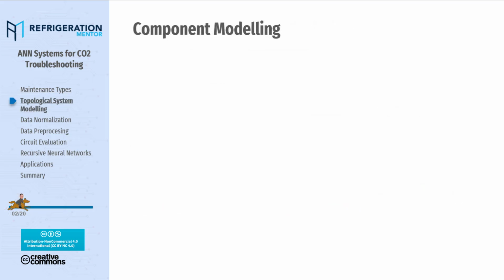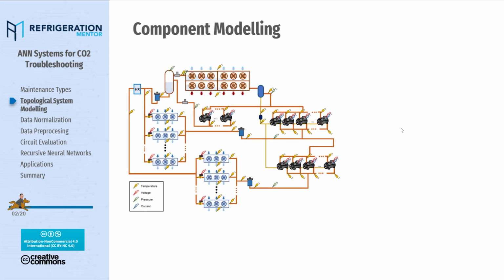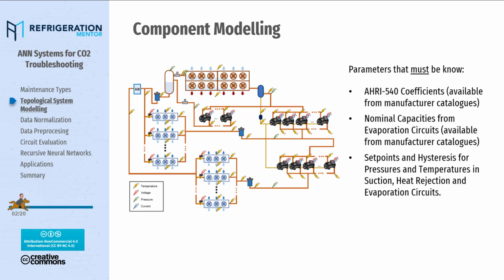For the pre-modeling side, some information is required to estimate behaviors for compressors and evaporation circuits. First, the RE 540 coefficients that are published by most manufacturers through their websites.